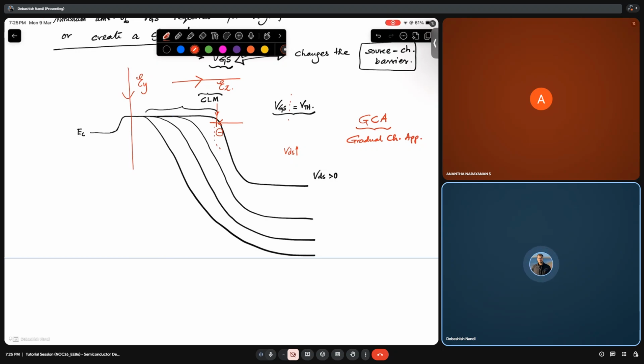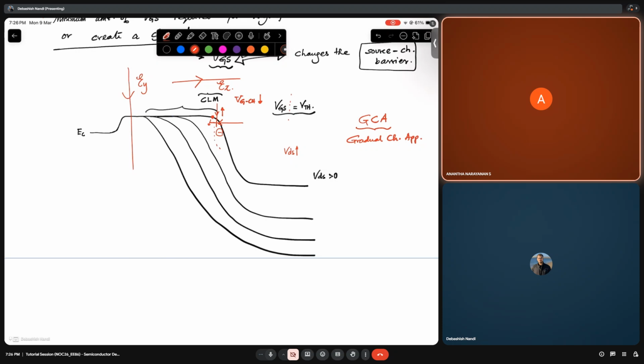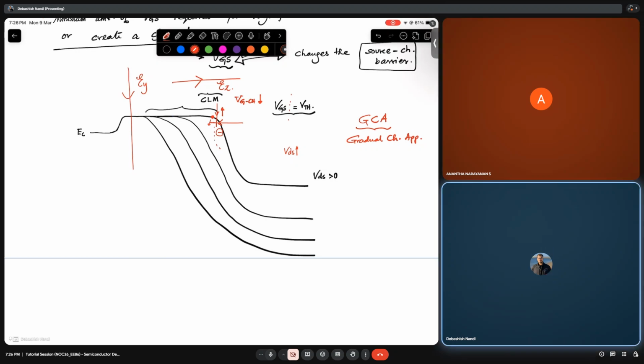But similarly, if this potential is increasing, the effective VG channel is reducing. That will also drop the inversion level, right? So both things are happening. You can understand it in this way initially, that the depletion region width is increasing.